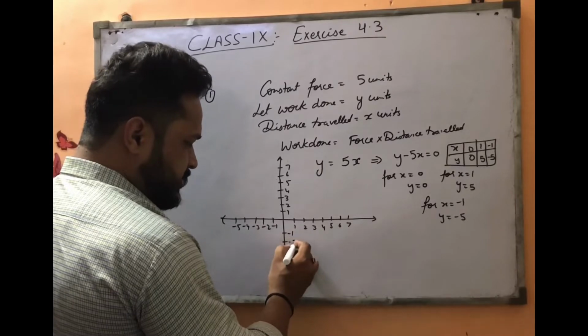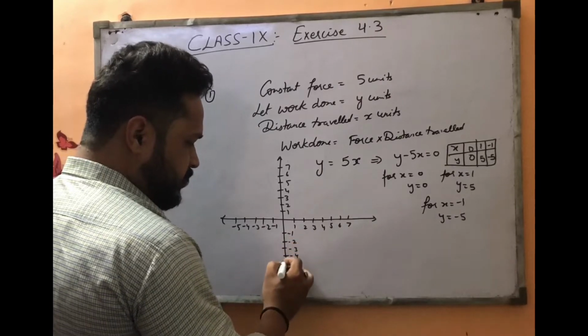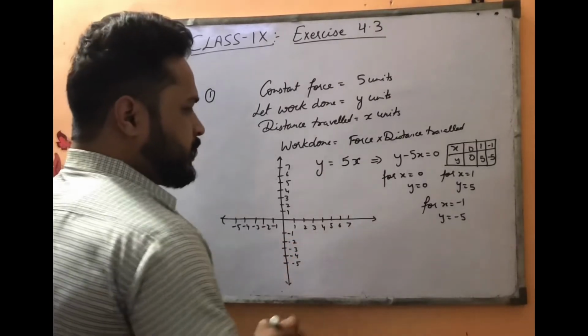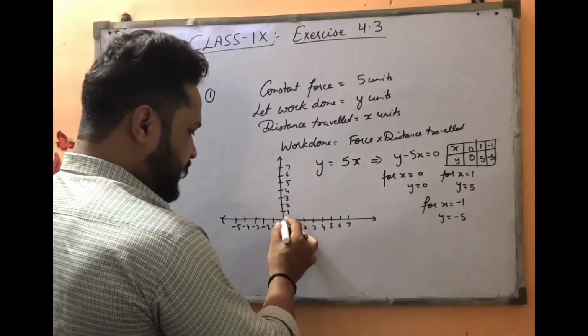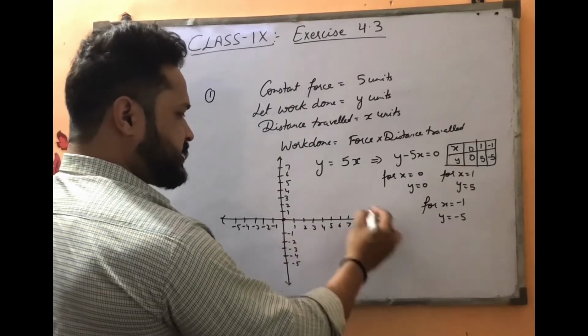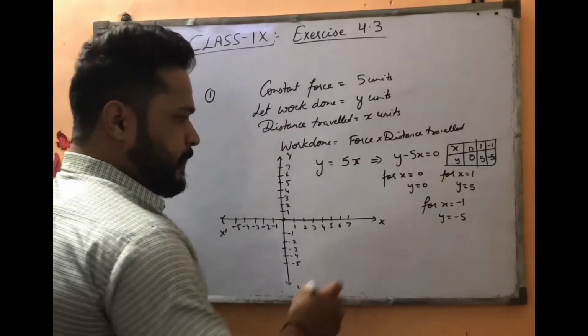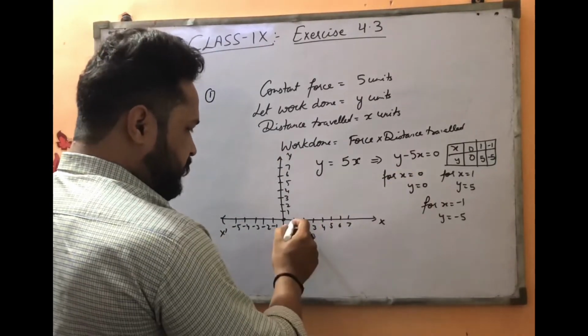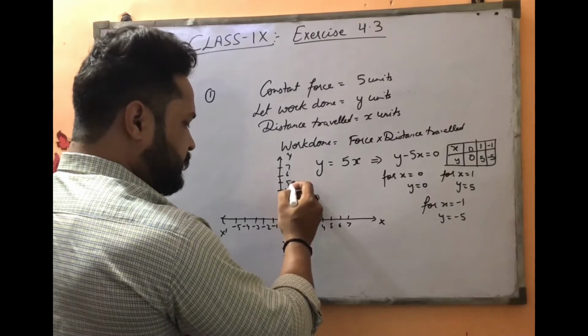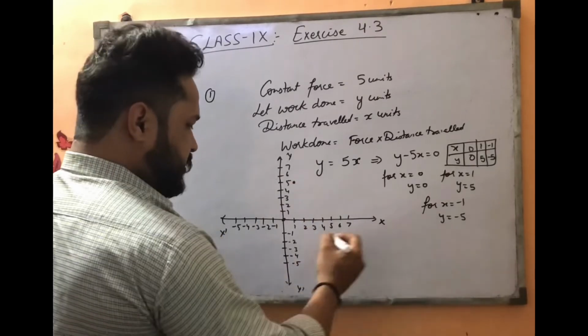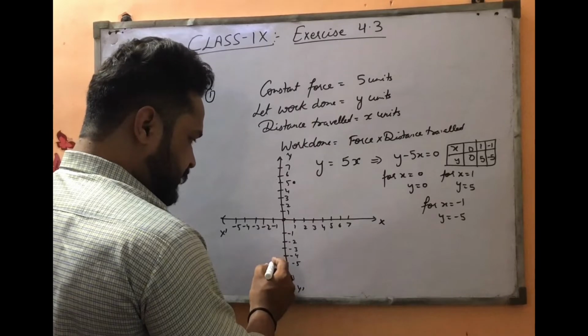Minus 1, minus 2, minus 3, minus 4, minus 5. The first point is 0, 0. That is the origin. This is x, this is y, this is x dash, this is y dash. Now the second one is 1, 5. 1, 5 is here. And the third point is minus 1, minus 5. Minus 1, minus 5 is like here.